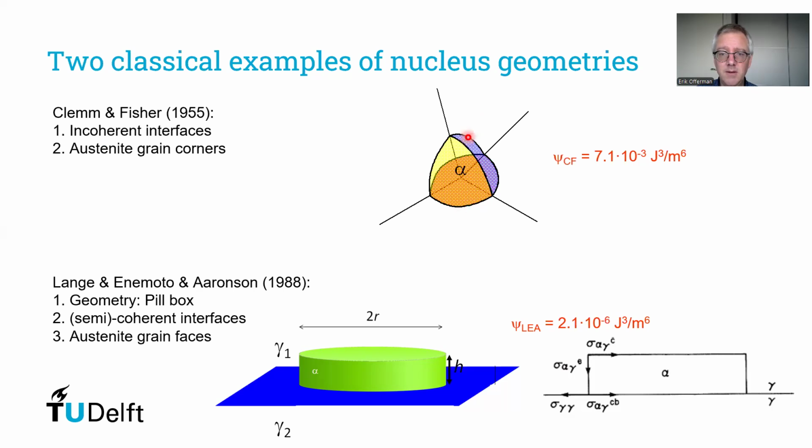When you calculate the psi factor for this kind of nucleus, you come to values of 7 times 10 to the minus 3 joule to the power 3 per meter to the power 6.